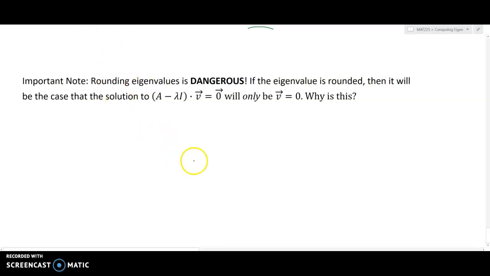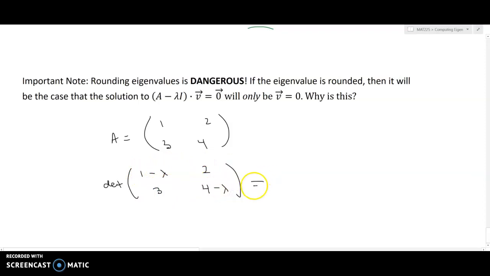If you look at, for example, the matrix 1, 2, 3, 4, and I'm going to skip a couple steps here, but if I do the determinant of A minus lambda I, which will just be 1 minus lambda, 2, 3, and 4 minus lambda, and I set this equal to 0, I will get lambda 1 equal to 5 halves minus the square root of 33 over 2. And lambda 2 is 5 halves plus the square root of 33 over 2. Now, these are exact values.